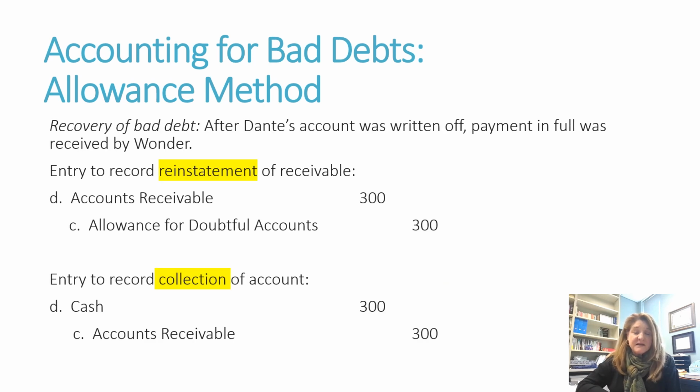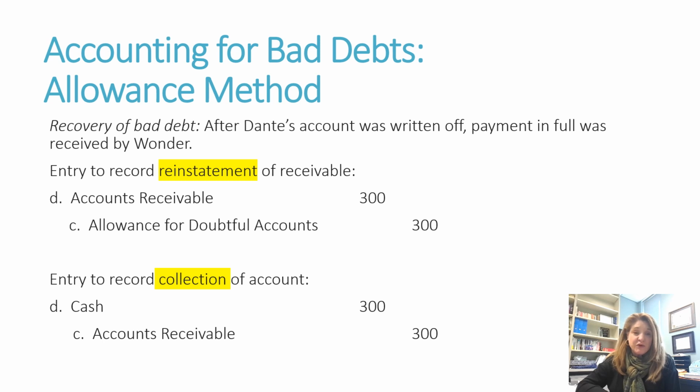In some cases, a customer will come back and pay after their account has been written off, and in that case we have a recovery of a bad debt. So after Dante's account was written off, payment in full was received by Wonder. So first we need to make an entry to record reinstatement of the receivable, and that means we're going to bring the receivable back onto the books.